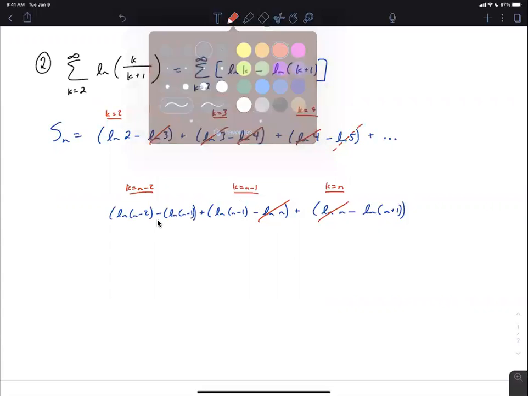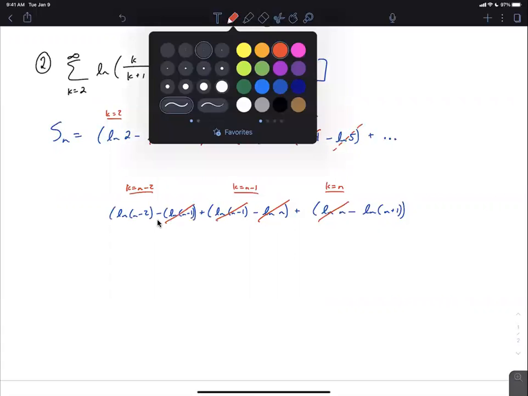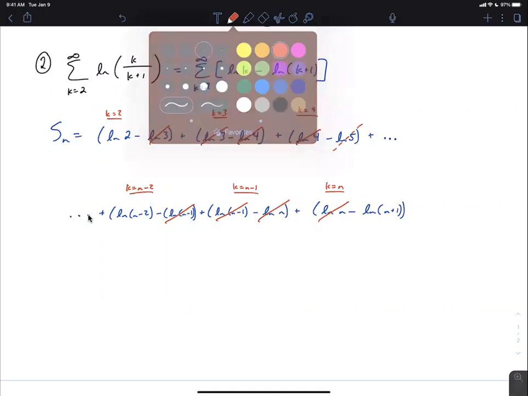And now the natural logs of n minus 1 have canceled. We can stop writing terms because the entire k equals n minus 1 term has canceled. By continuing backward, the log of n minus 2 would cancel, but the log of n plus 1 at the end would not cancel.